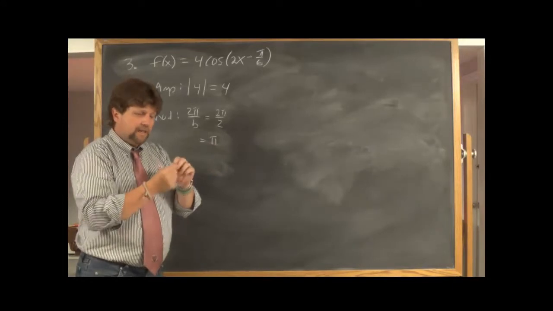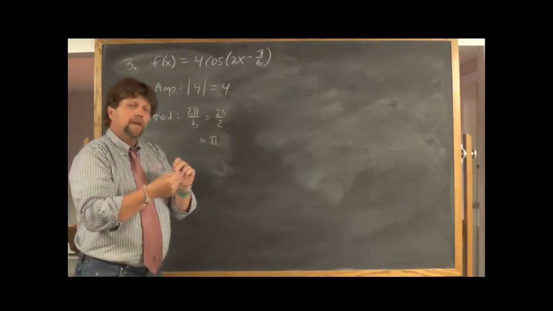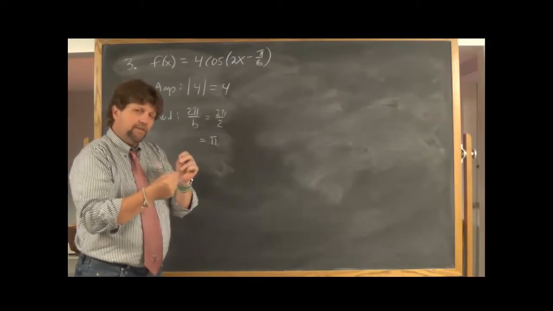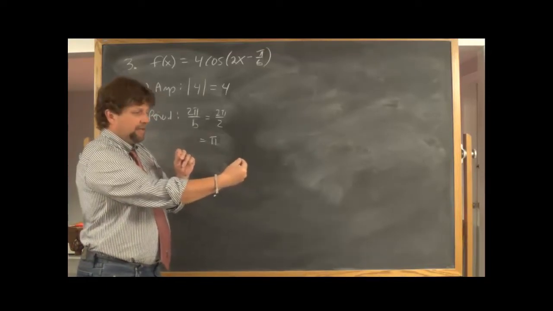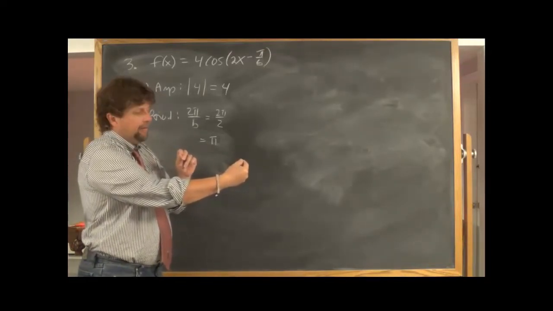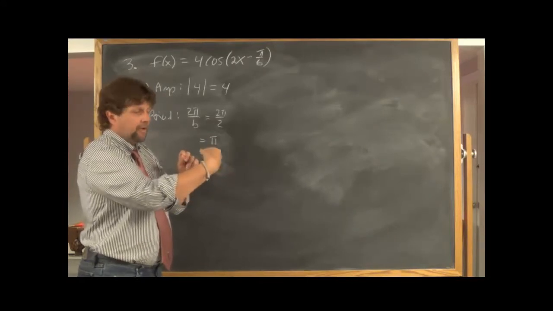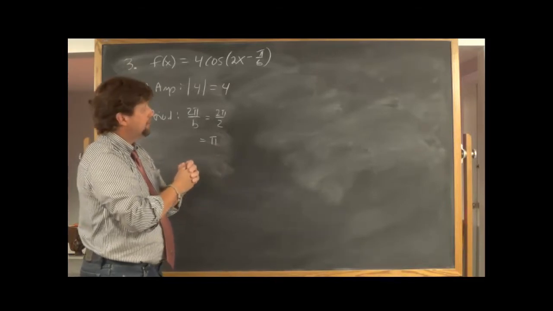So the key is, can we find the left endpoint of 1 period, and can we find the right endpoint of 1 period? Because if we can, as we saw in number 2, it's pretty easy to get the midpoint, the first quarter point, and the third quarter point, because all we're doing is finding averages.